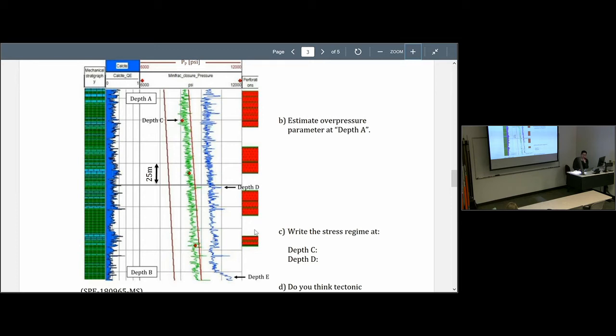Well, in real geological formations, at some places we can have stress regimes that vary with depth. At some depth could be normal faulting, at some other depth could be strike slip, or it could be reverse faulting, because you may have stresses that change as a function of depth, and that's exactly what you see over here. So in this plot you have pore pressure, minimum horizontal stress in green, vertical stress in red, and total horizontal maximum stress in blue.